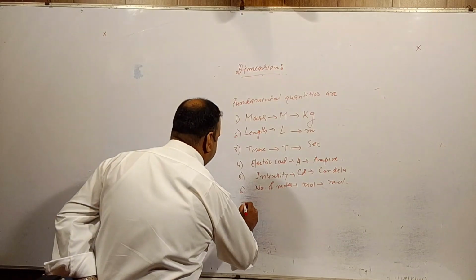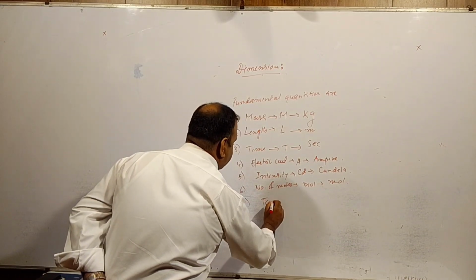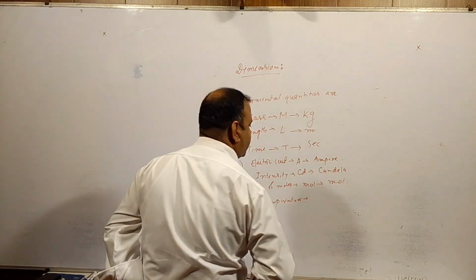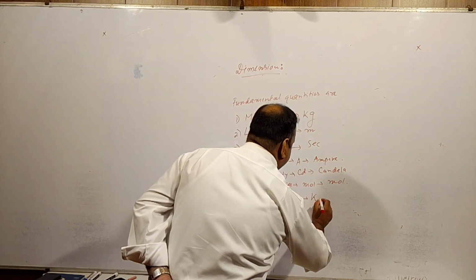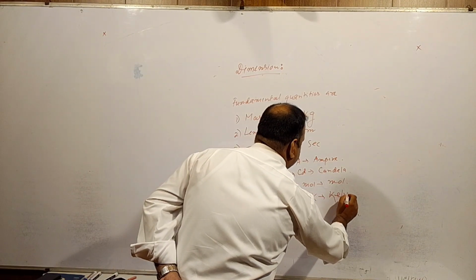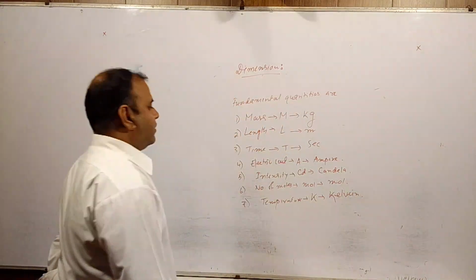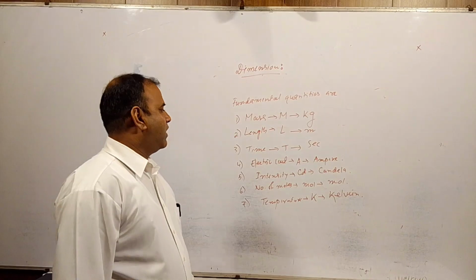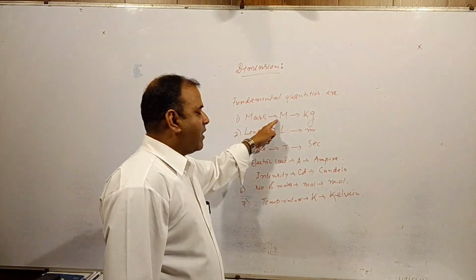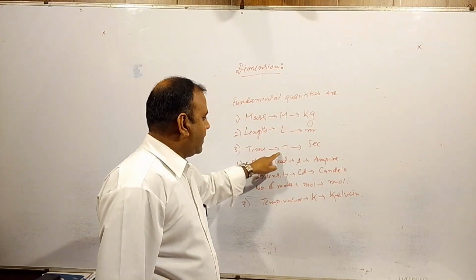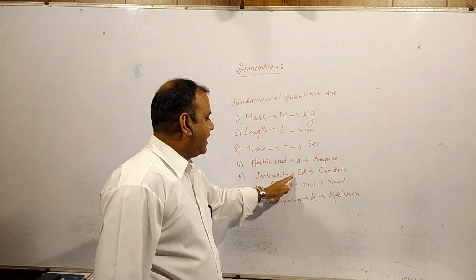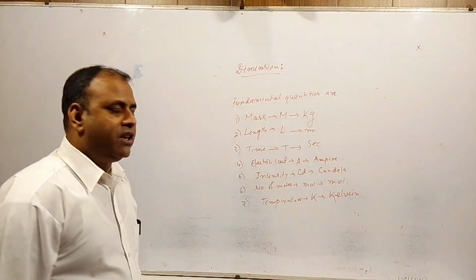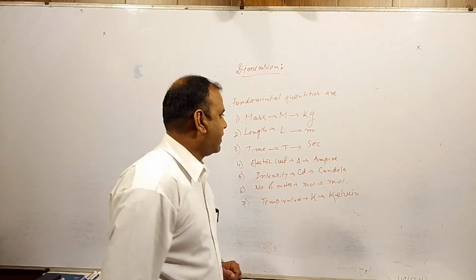Number 7, temperature, which is represented by Kelvin. So these 7 are the basic fundamental quantities you should remember in physics: mass, length, time, ampere, candela, mole, and Kelvin. You should always remember these.